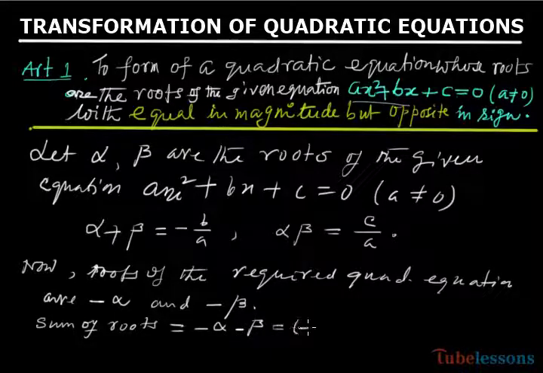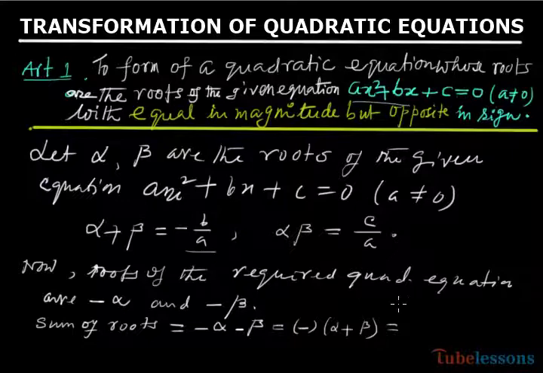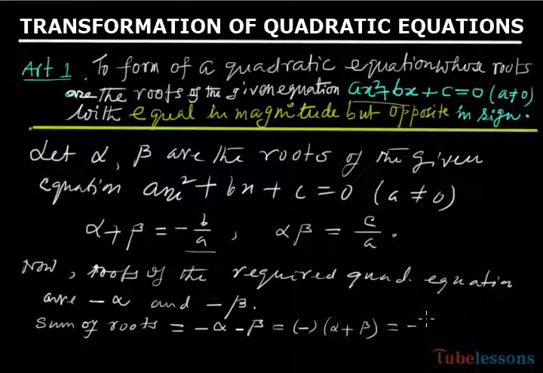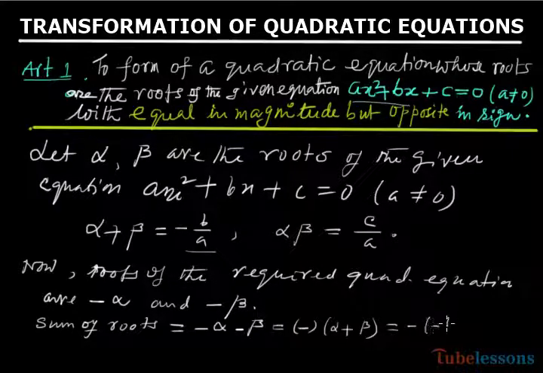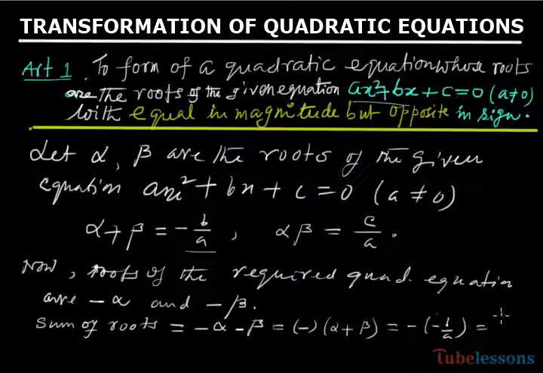So if you take common minus, it becomes alpha plus beta, and you know the value of alpha plus beta is minus of b by a, so minus minus b by a. So it becomes plus b by a.